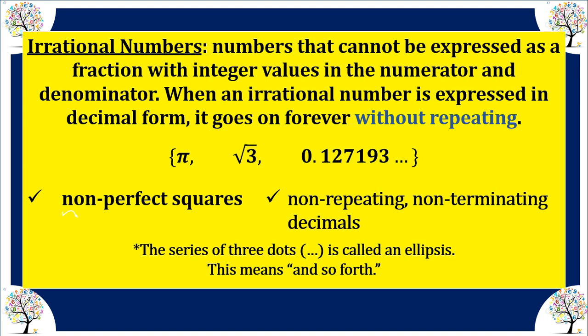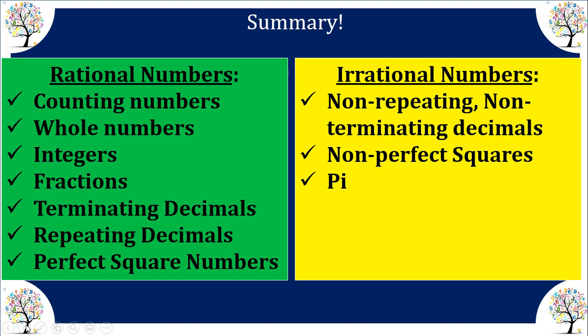So let's say that non-perfect squares and non-repeating, non-terminating decimals are irrational numbers. I would pause the video and write each of these different types of numbers as rational, and then I would write these descriptions as irrational numbers.